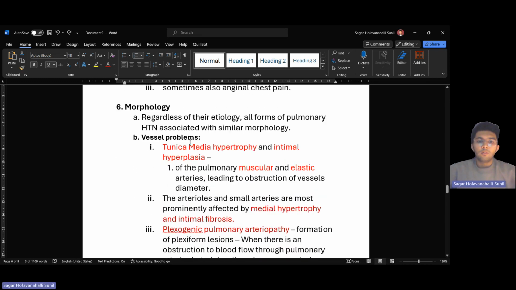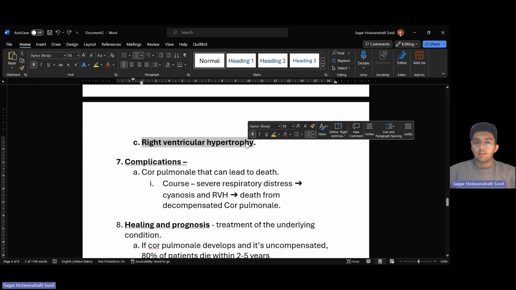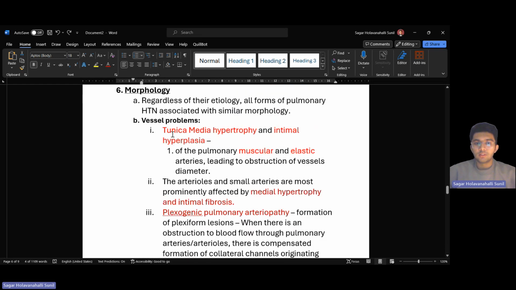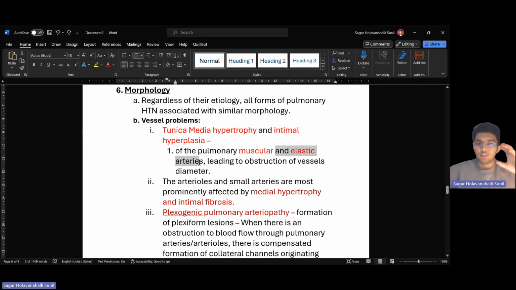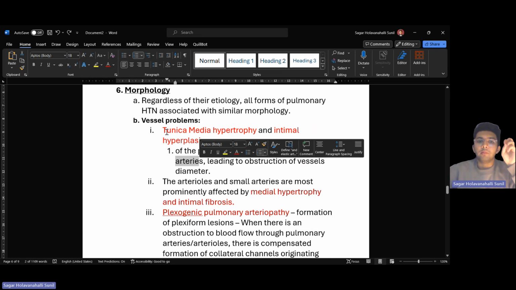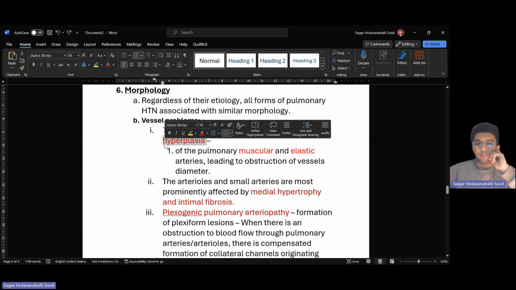So with morphology, just mention vessel problems and right ventricular hypertrophy. Now with vessel problems, if you're looking at the pulmonary muscular and elastic arteries, which are large vessels, the tunica media undergoes hypertrophy, and the intimal layer, the innermost layer, will undergo hyperplasia.